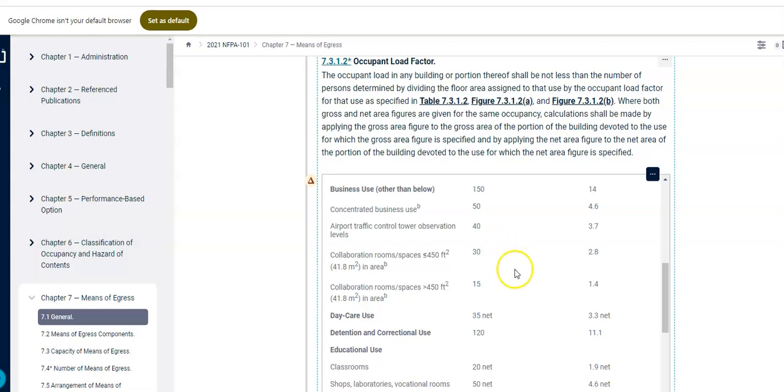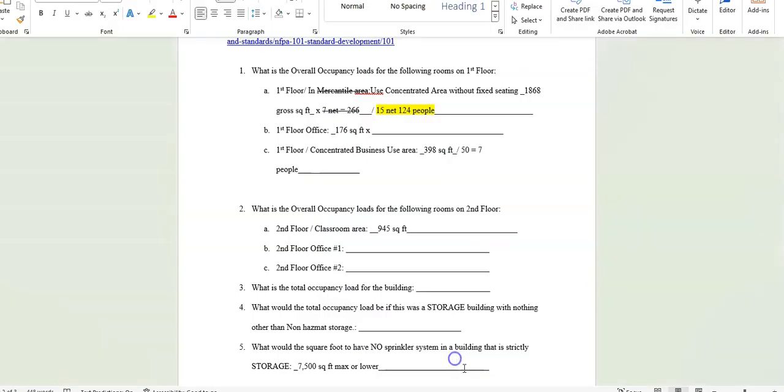So I'm going to use that 30 square foot per person to figure out the occupancy loads for the offices. So 176 divided by 30, not times, why do I keep putting times, divided by 30 is going to equal 5.8. So we're talking about 5 people in that space there. All right, so we've done A, B, and C.